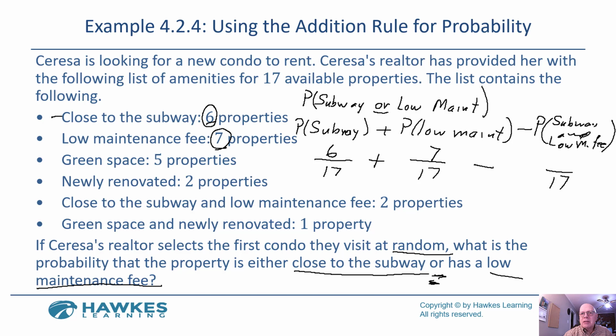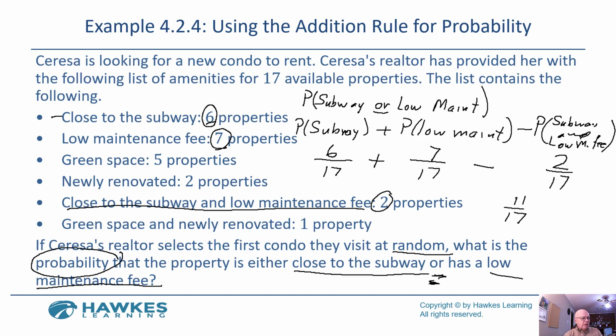Well, as it turns out, there are 2 of those. So we'll subtract those, because when we got the 6 here, that included these 2. When we had the 7 here, it also included the 2. We don't want to add it twice. So 6/17 plus 7/17 is 13/17 minus 2 will be 11/17 is the probability.